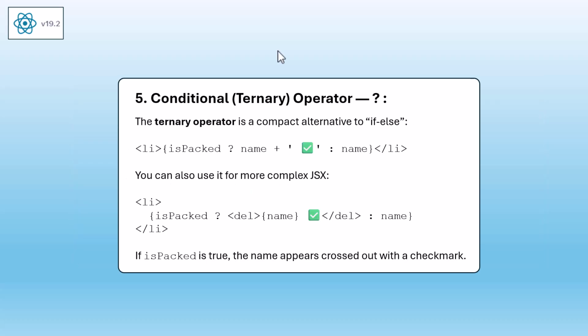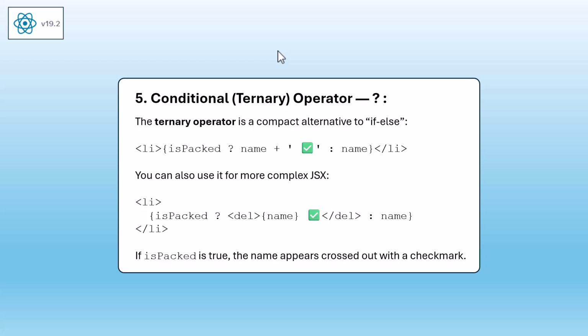5. Conditional (ternary) operator, ? and colon. JavaScript includes a very compact syntax for writing simple conditional expressions, the ternary operator. It uses the symbols ? and colon. You can read it as, if the condition is true, do this, otherwise, do that. For example, if an item is packed, display its name with a check mark, otherwise, just show the name.